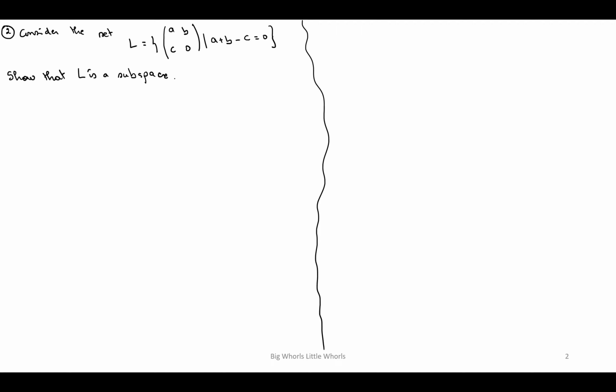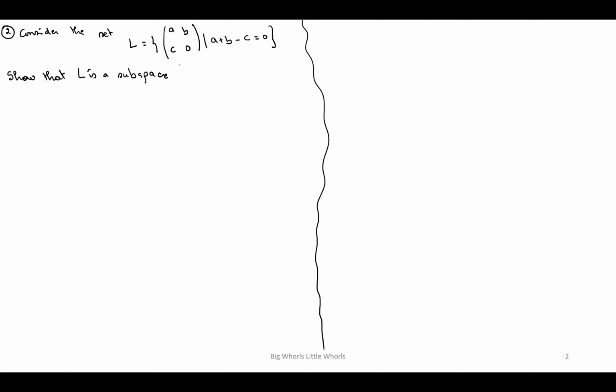First of all, L needs to be a subset of a space. And if you remember, we have seen that the set of n times m matrices is a space.